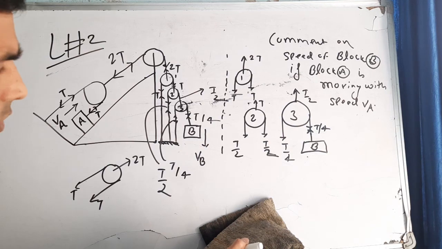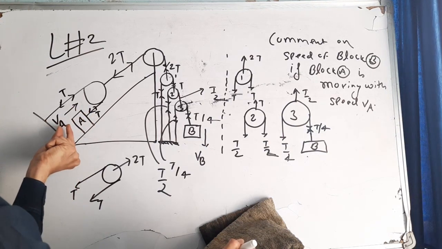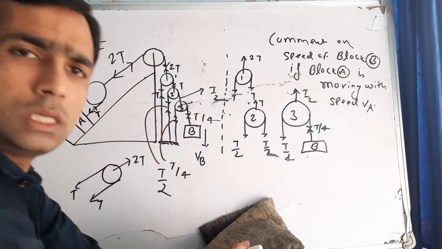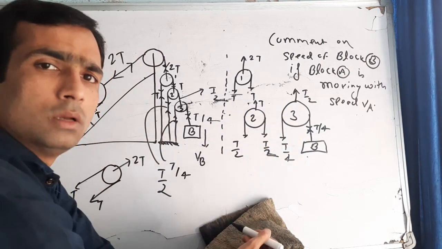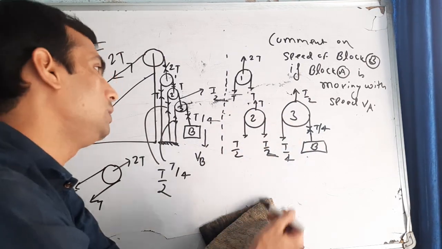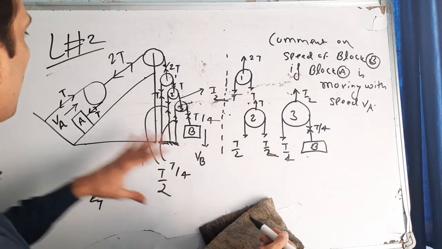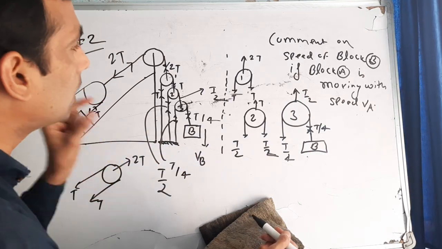This is your question, or you can say the relation between the speed of block A and block B. Similar questions they can ask in alternative language in another way. So this is all about the question, which I have already completed.